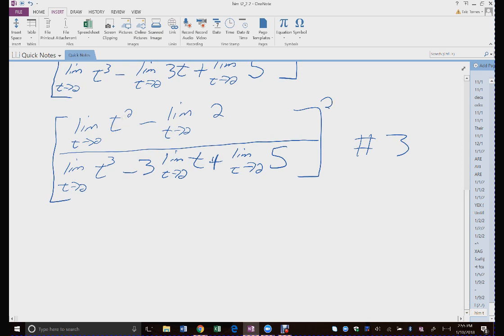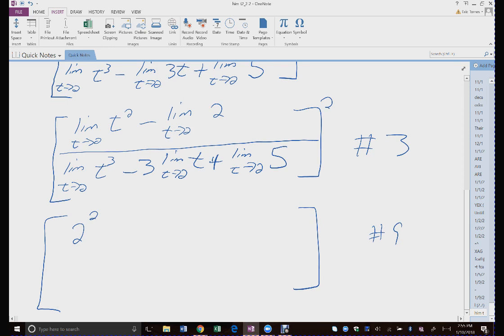T squared can be evaluated using limit law number 9. So I'm going to evaluate and list the laws as I'm evaluating. By number 9, the limit of t squared as t goes to 2 is equal to 2 squared. Next one, I'm taking the limit of a constant.